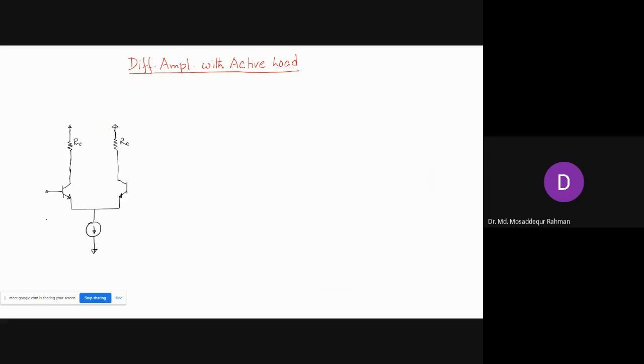That's why the op-amp has the differential amplifier as its input stage. Their main function is summing up these two signals, and that's why this is so important in the amplifier circuit.